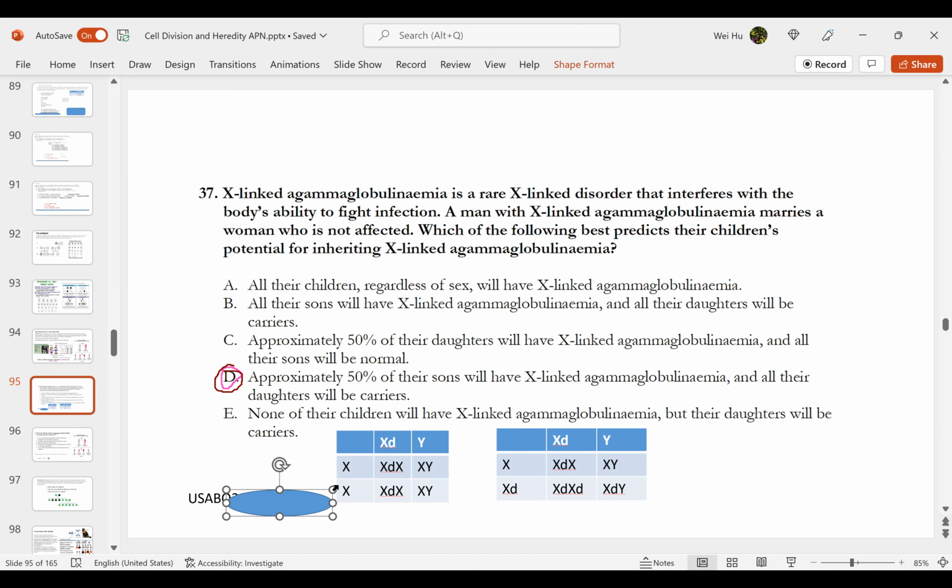So Mom is absolutely normal, not a carrier. Then when you do the Punnett square, all of the daughters are carriers. All of the sons are normal. So which one? E, correct? So this one is E.